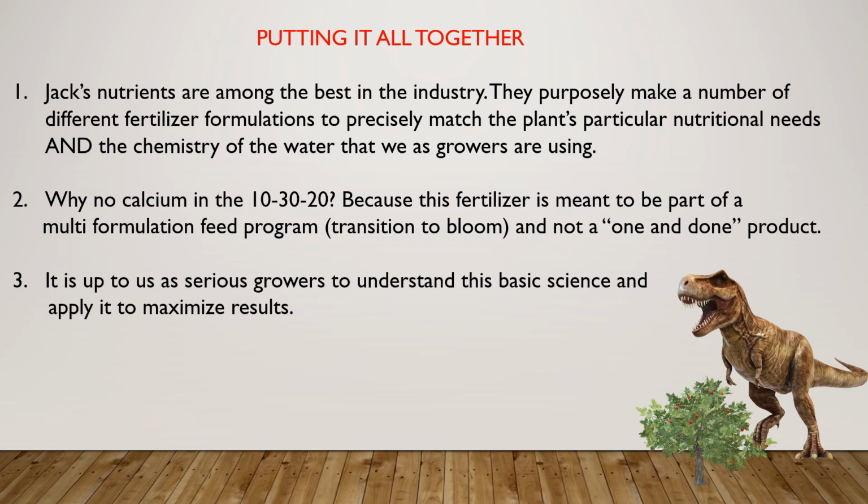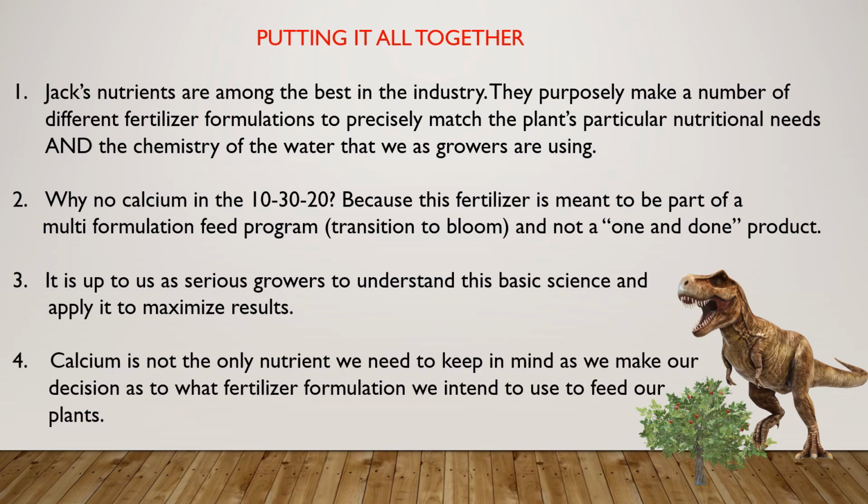This is what's going to allow us to be at that optimal production level. And calcium's not the only nutrient we need to keep in mind when we talk about all of these decisions. Every nutrient that we see on the water tests, we could talk about in the same way.